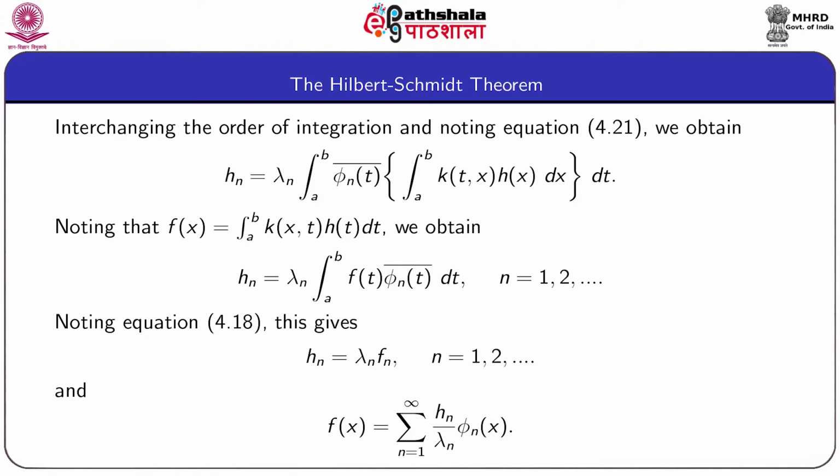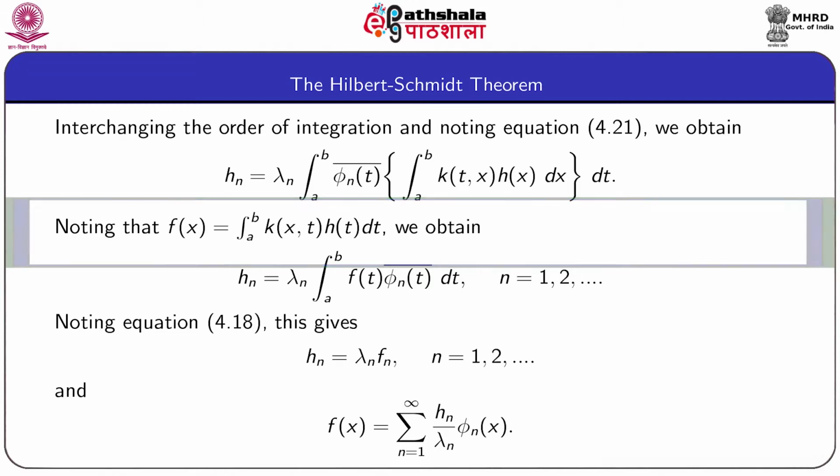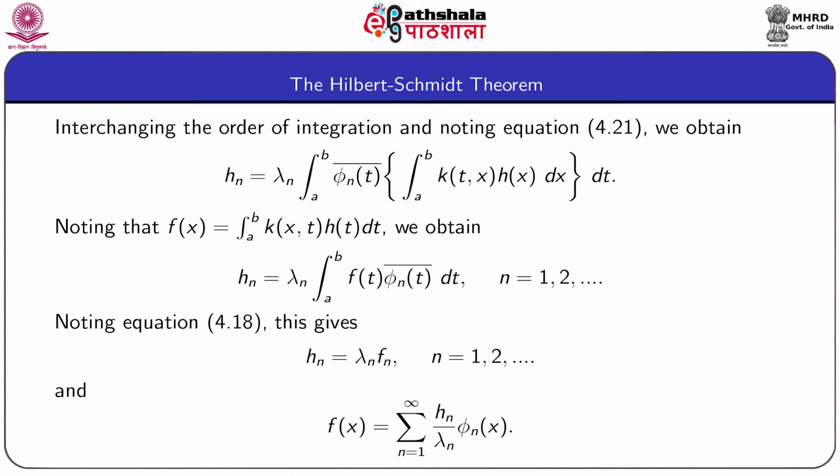Outer integral is a to b phi n bar (t) dt and the inner integral is a to b k(t,x) h(x) dx. Now we know that the function f(x) is equal to integral a to b k(x,t) h(t) dt, so that the inner integral can be written as f(t).